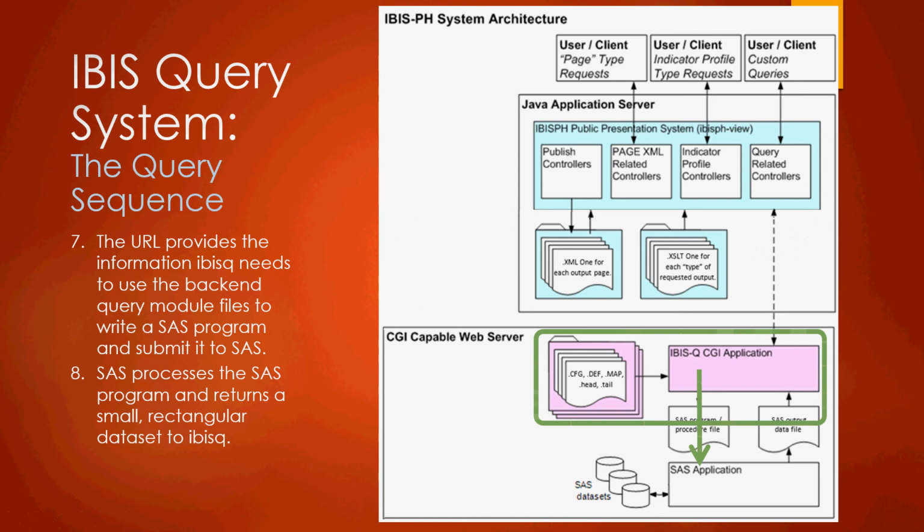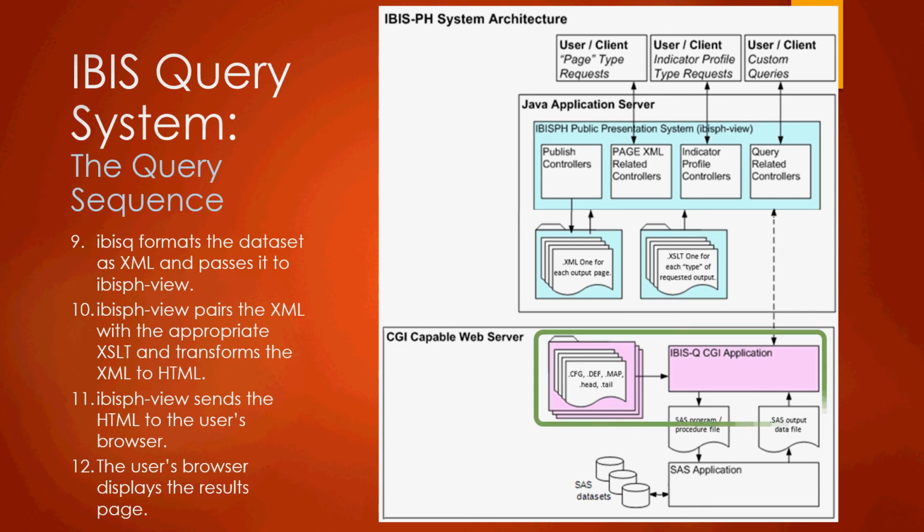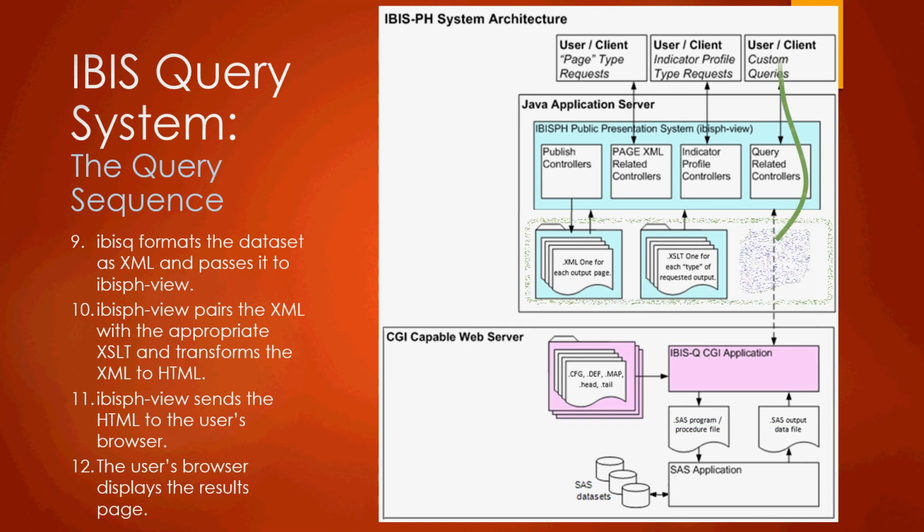SAS processes the SAS program and returns a small rectangular dataset to IBIS-Q. IBIS-Q formats the rectangular data set as XML and passes it back to IBIS-View. IBIS-View pairs the XML with an XSLT style sheet and sends the results page to the user's browser.